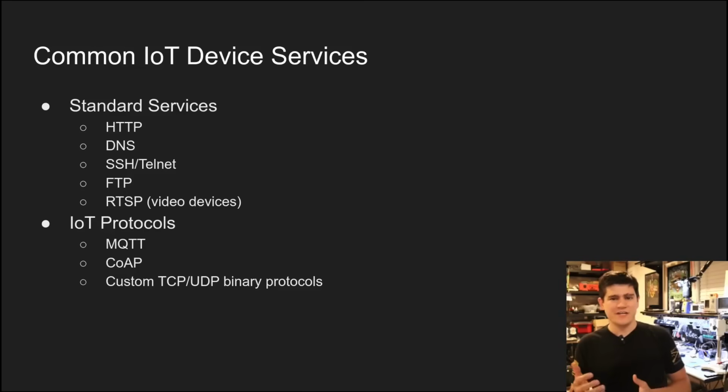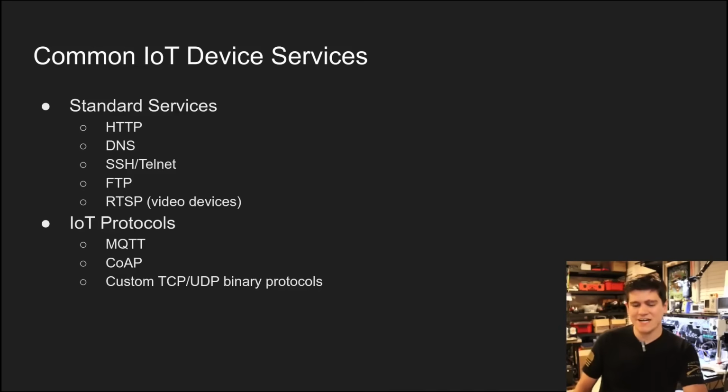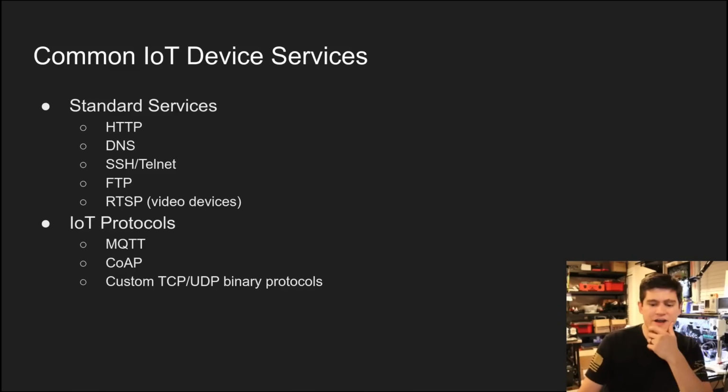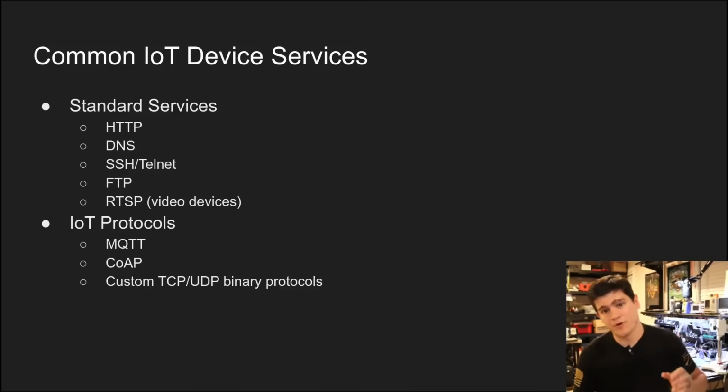You're probably going to find more Telnet on IoT devices than you are on traditional IT devices. File transfer protocols, SCP, and specifically in the video world, like we have with our target, we're often going to find RTSP is going to be the protocol of choice.